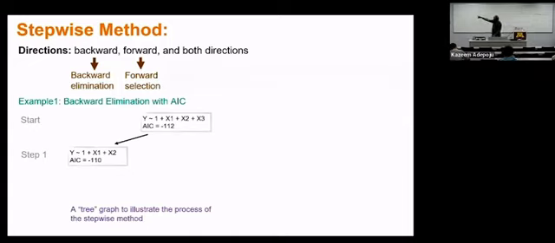Now I'm going to show you something. I want to do backward elimination with AIC. I have 3 predictors, and I want to be moving backward, removing the irrelevant ones. I'm going to start with the complicated model, where I use all the variables. I'll get the AIC. What is the AIC? Negative 112. Where I start, I use 3 predictors. Then in the second step, what am I going to do?